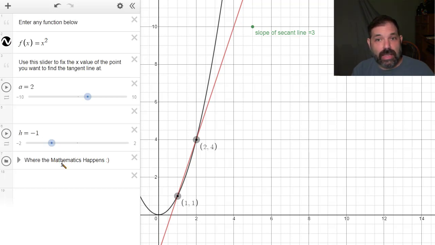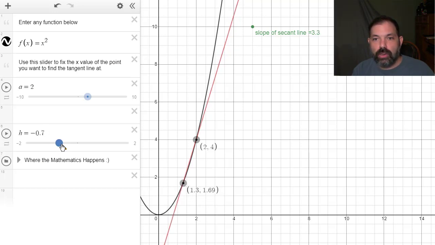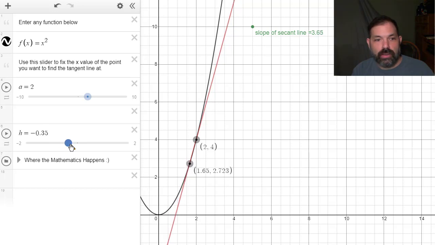And there's that red secant line. Now the slope of the secant line was 3. And as we continue to drag, look at what's happening in green to the slope of the secant line. As the distance between the points gets closer and closer to 0, the slope of the secant line appears to be getting closer and closer to 4.